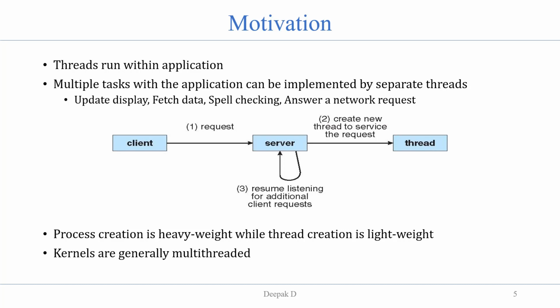If that web server is a traditional single threaded process, it would be able to serve only one request at a time, and all other clients have to wait a longer time for their requests to be served.